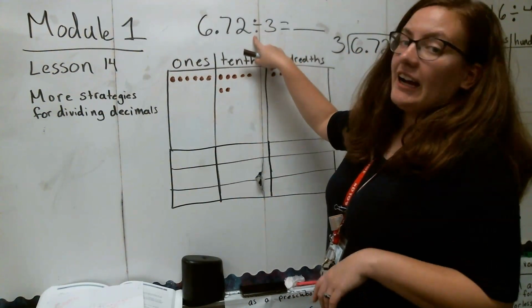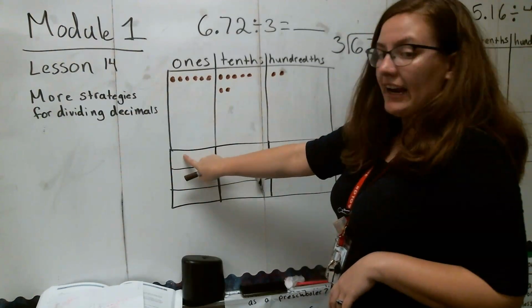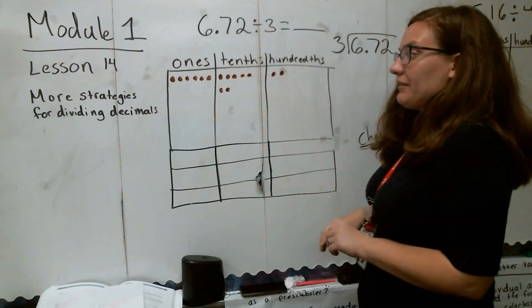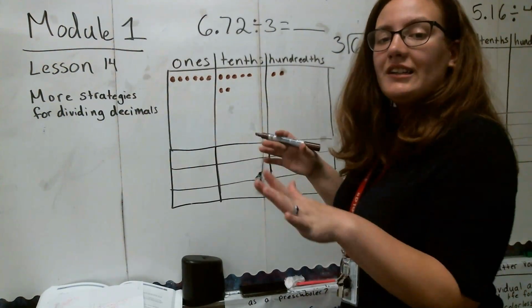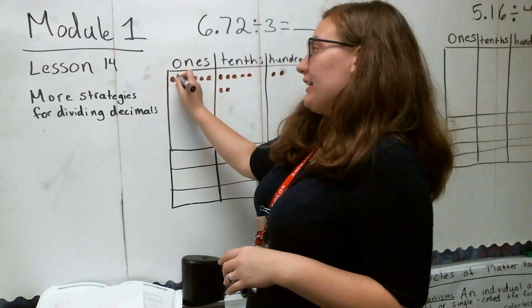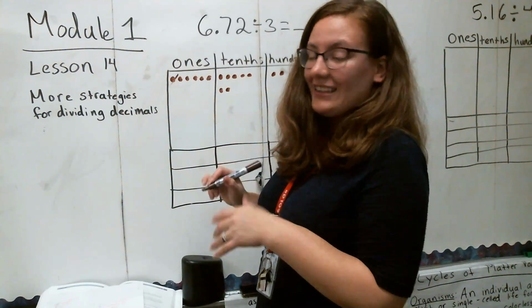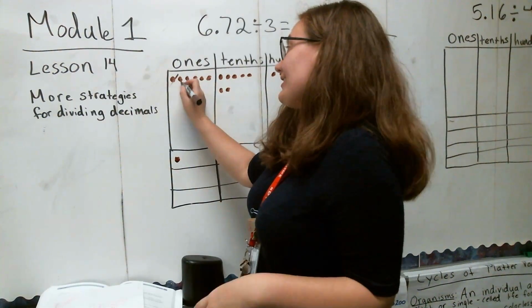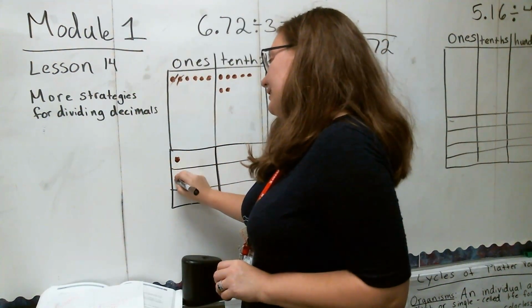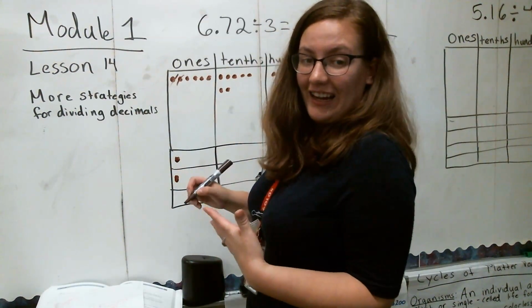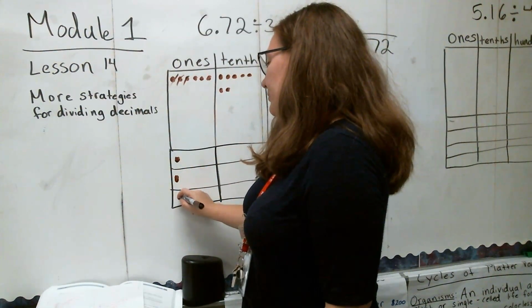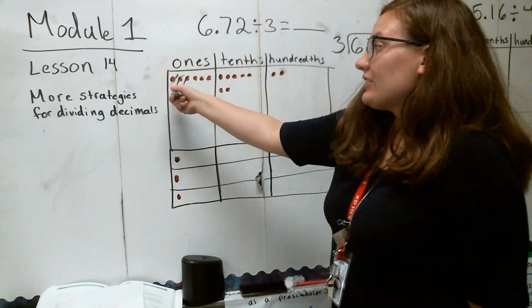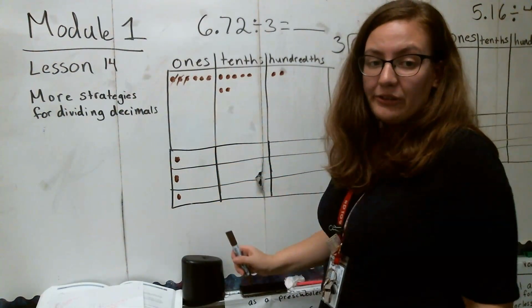Then I need to divide this number by 3. So that is why I have 1, 2, 3 groups down here, because what I'm going to do is I'm going to do like a little dance or song right now, and we're going to cross off a dot, put it in a box, and then after I cross off one dot, I'm going to cross off another dot and put it in a box, and then I cross off another dot, put it in a box, and what I just did is I just equally distributed these 3 ones between these 3 groups.